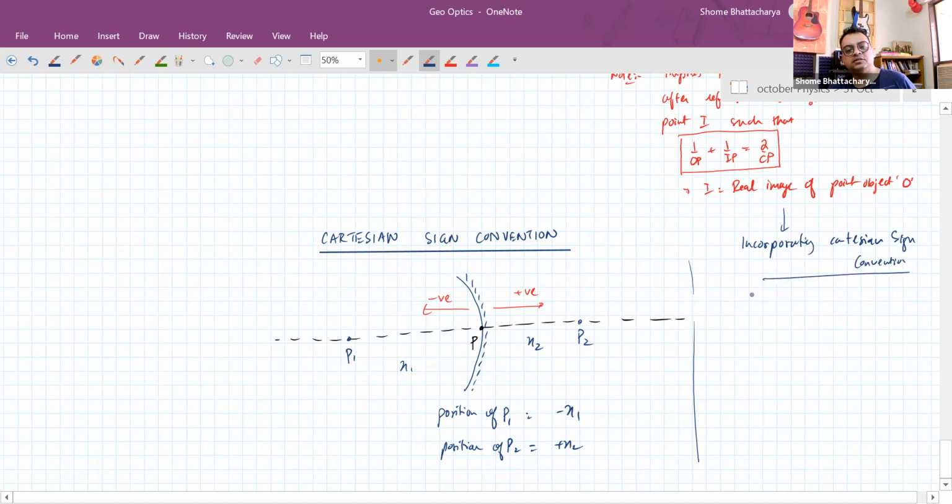in Cartesian sign convention, we always write u as the position of the object. We write v as the position of the image, and we write r as the position of the center of curvature.